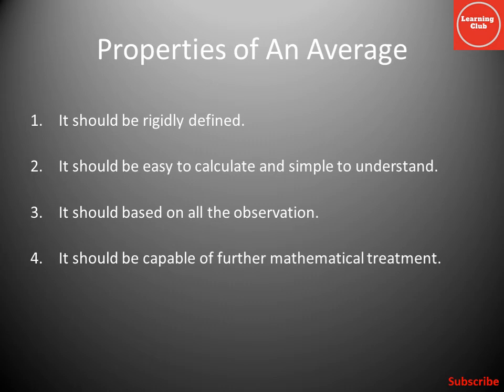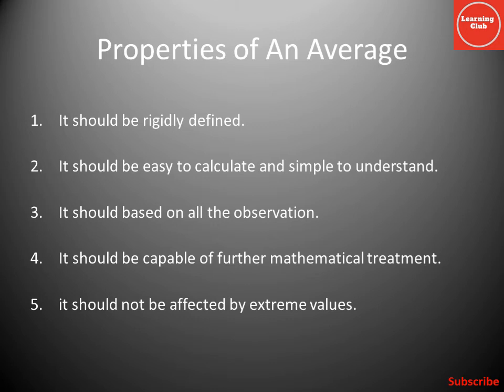Next, it should be capable of further mathematical treatment. A change in scale, change in ratio, scale, and origin will not affect the average. This property basically says that it should not be affected by extreme values. Another important property of an average is that if extreme values are included in the data, these extreme values will force the central tendency to move towards themselves.